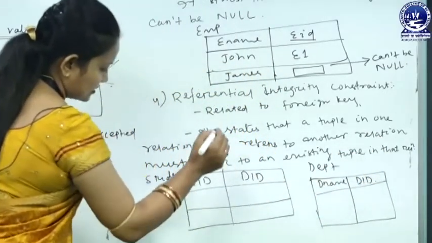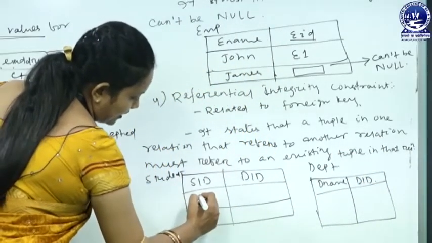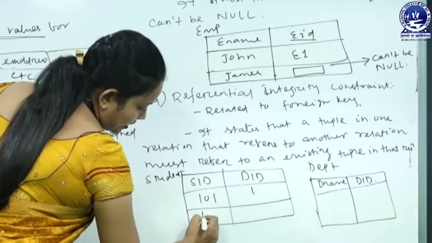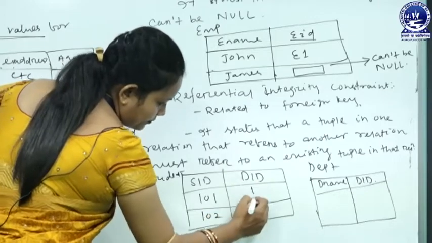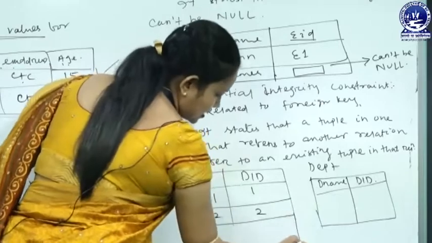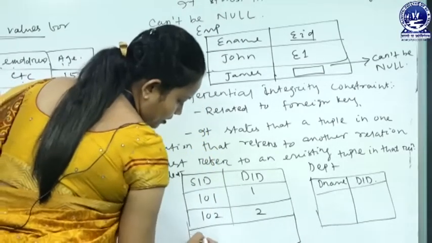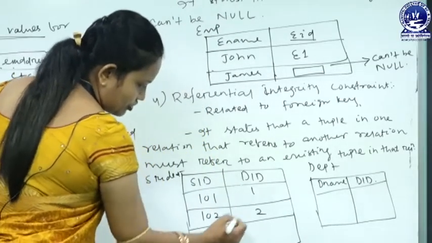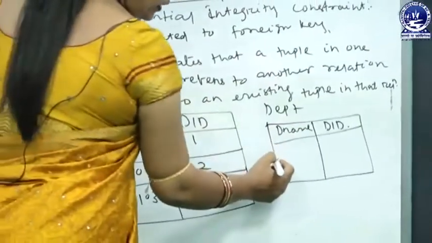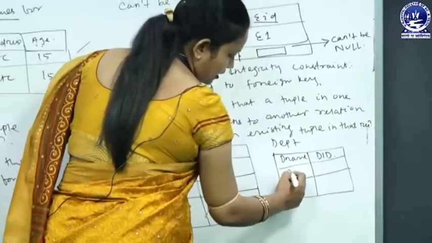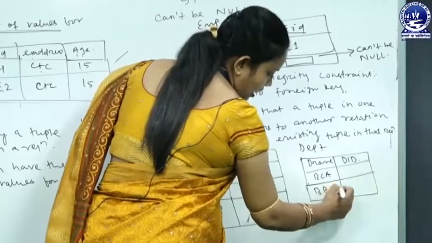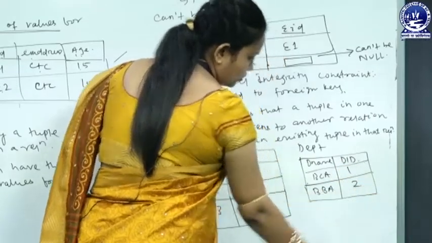The student relation contains data, suppose student ID is 101 and department ID is 1, and student ID is 102 and department ID is 2. And suppose there is another tuple having student ID 103 and department ID 3, and in the department table suppose the department names are BCA and BBA having department ID 1 and 2.